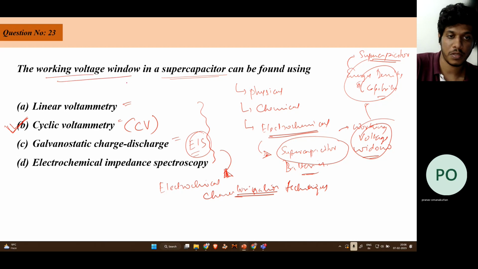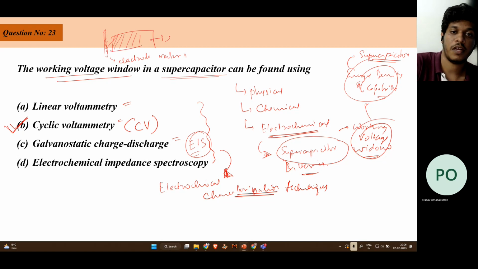window in a supercapacitor. The working voltage window depends on the electrode material, and also on the electrolyte.